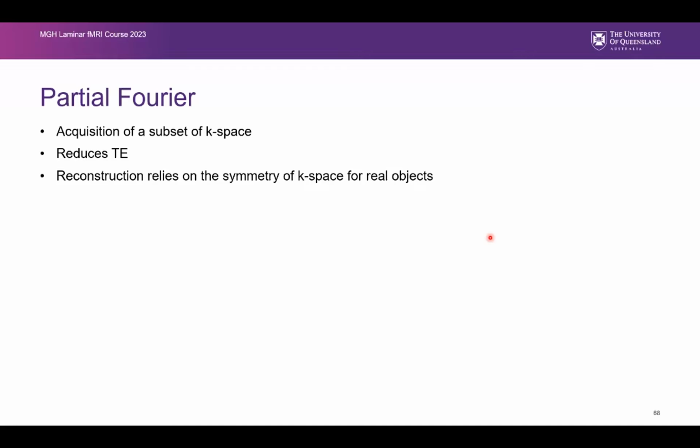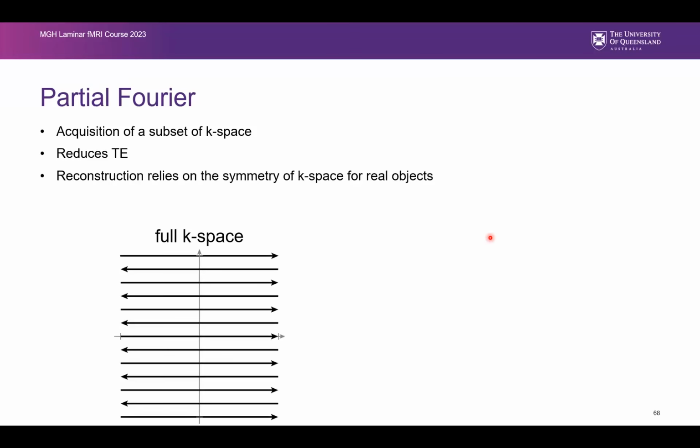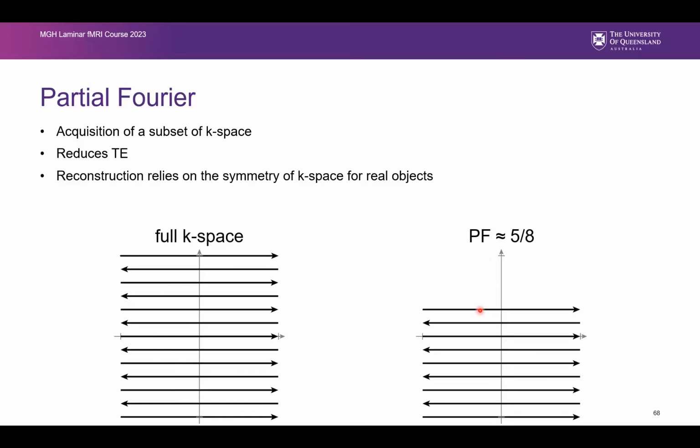Partial Fourier is another common technique to accelerate. It means we are also just acquiring a subset of k-space, but we're doing it slightly differently. This is our full k-space, and we just leave out the first, whatever, 3/8 or 2/8 or 1/8. What they usually tell you is how much k-space is left.